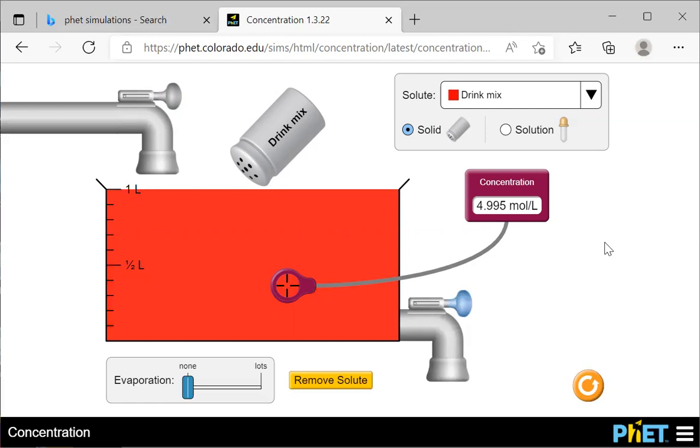On K, it says, look up the chemistry definition for saturated, unsaturated, and supersaturated. In the first video for this lab, you can observe the definition for these three different types of solutions. Then it says, based on what you've learned, explain why adding more water takes away the saturation sign from the simulation. Remember that if we add more solvent, we increase the volume of our solution.